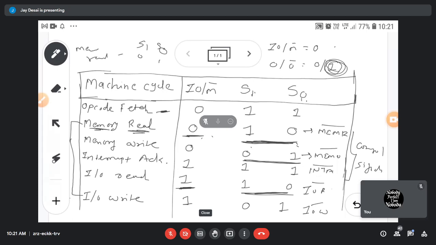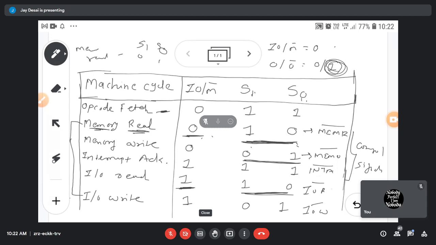Okay, sure. Next pin, give the heading of the next pin: INTR. Write below INTR the full form: interrupt request.